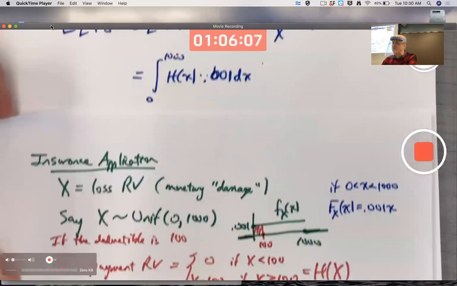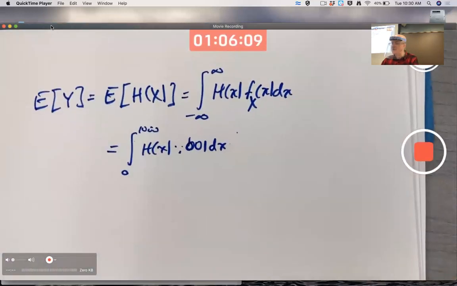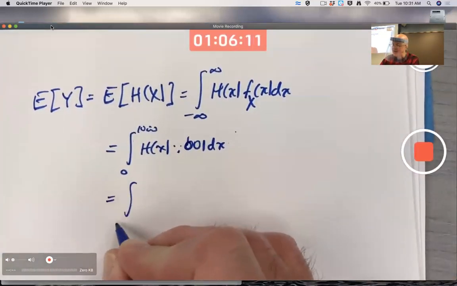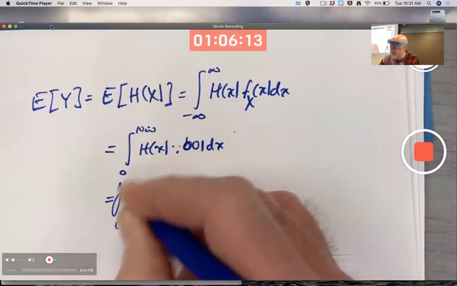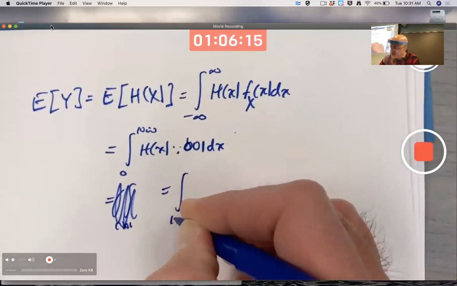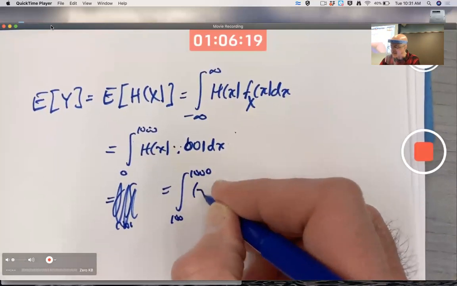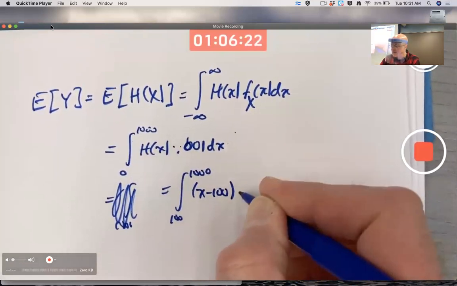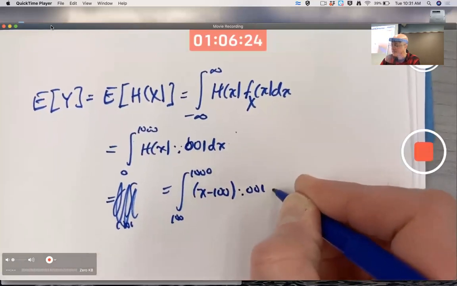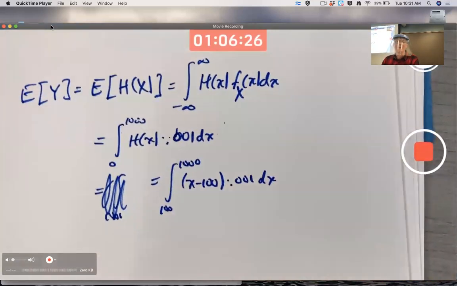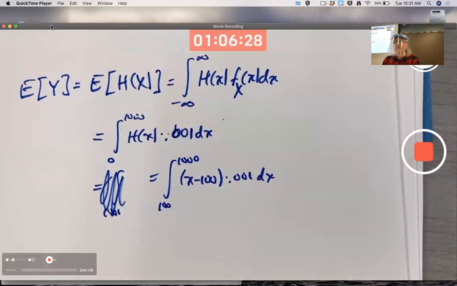So that means this integral from 0 to 1,000 actually becomes an integral from 100 to 1,000 of x minus 100 times the 0.001. And that's the integral to do.